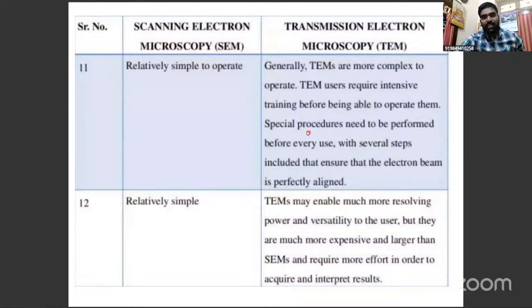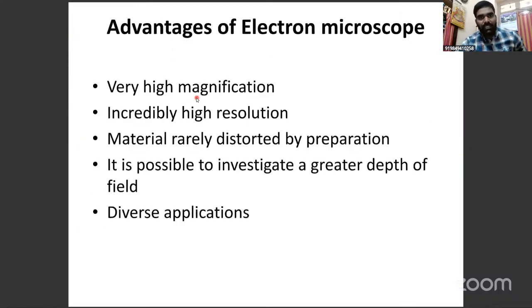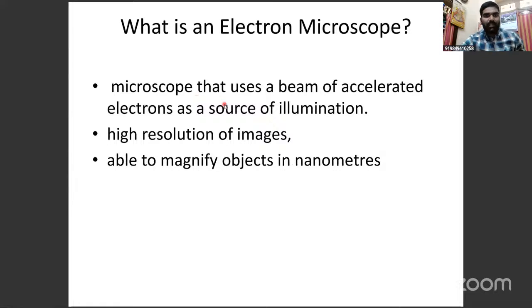Much training is needed for the transmission electron microscope, but the scanning electron microscopes can be operated easily.